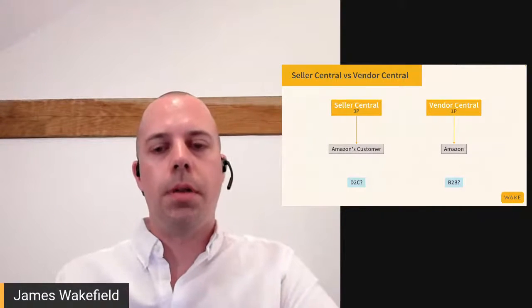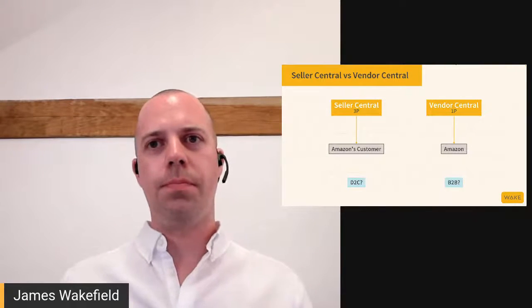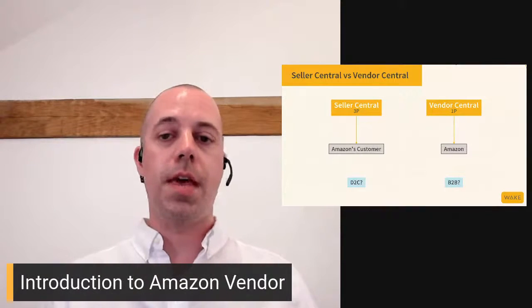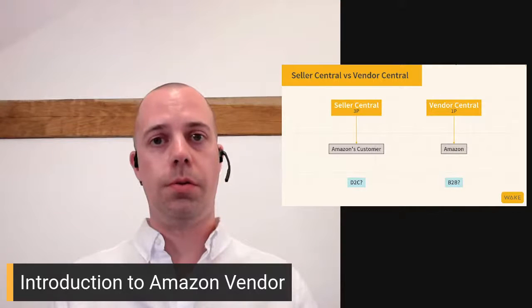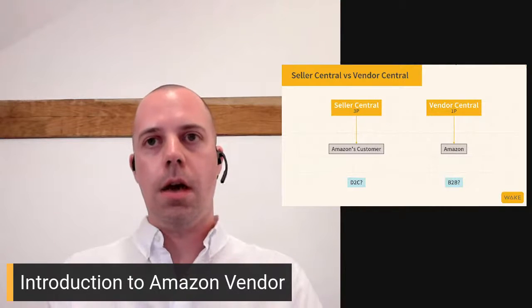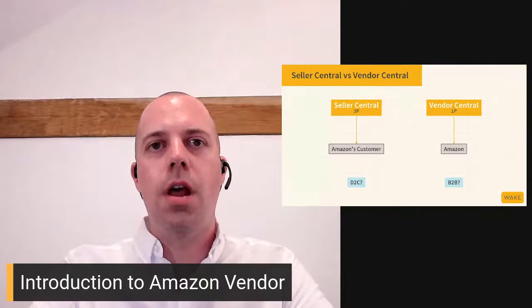It's where you're supplying to Amazon on a wholesale basis, and then Amazon essentially own that stock, and they then resell it to their customers under a sold by Amazon banner. The user base for Vendor Central is unknown.